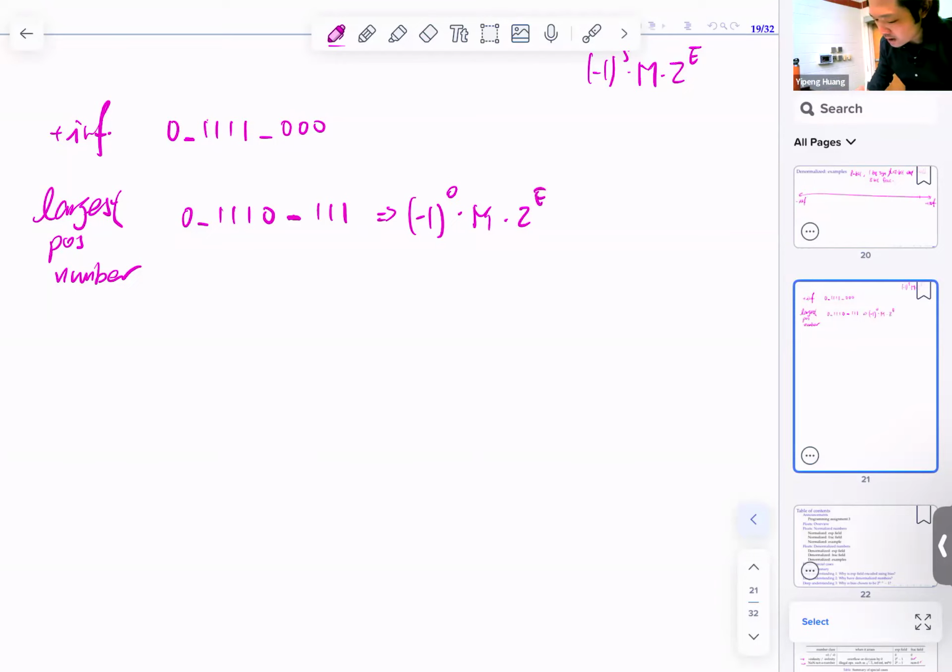So let's slow down. How do we decode what E is? Capital E in this setting, the rule is it's going to be exp minus bias.